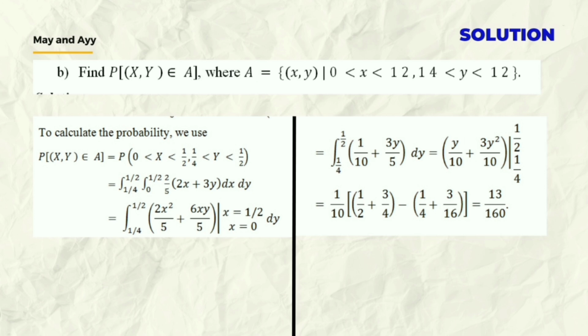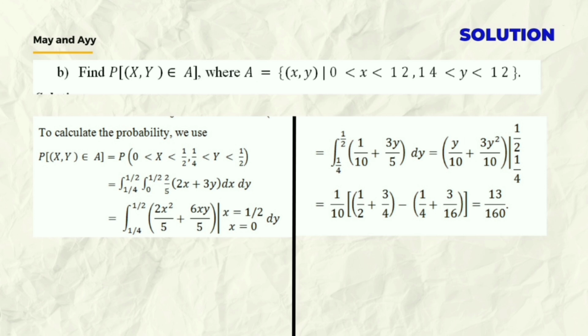Then we will integrate with respect to y, and we find y over 10 plus 3y squared over 10 for y equal 1 over 4 up to y equal a half. Then we substitute y from 1 over 4 until a half.